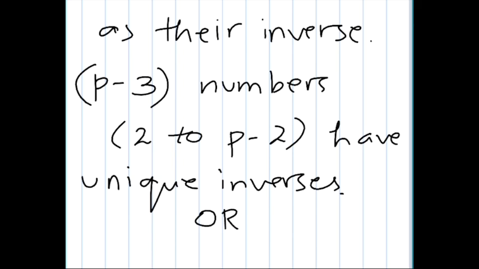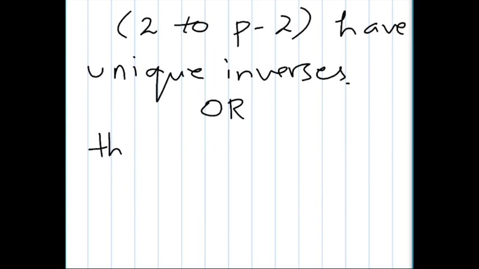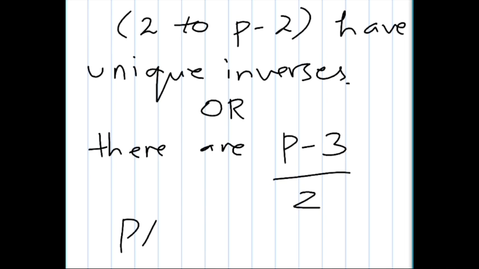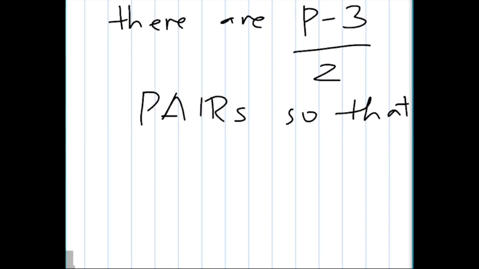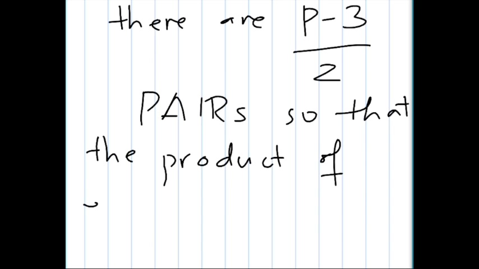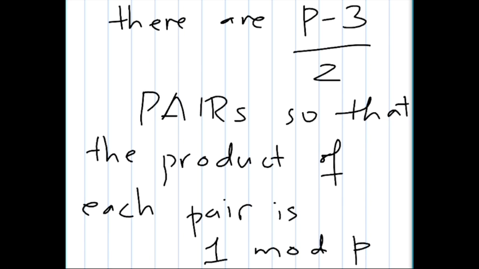Or I can say there are p minus 3 divided by 2 pairs, so that the product of each pair is 1 modulo p.